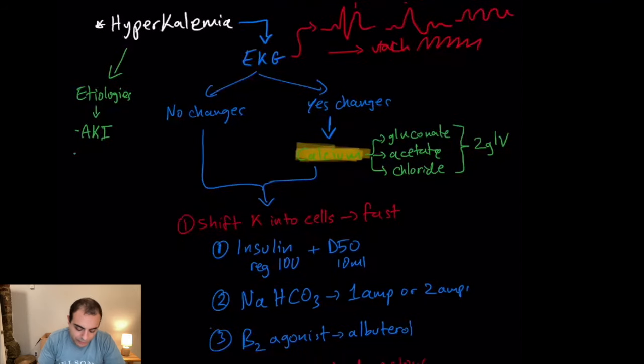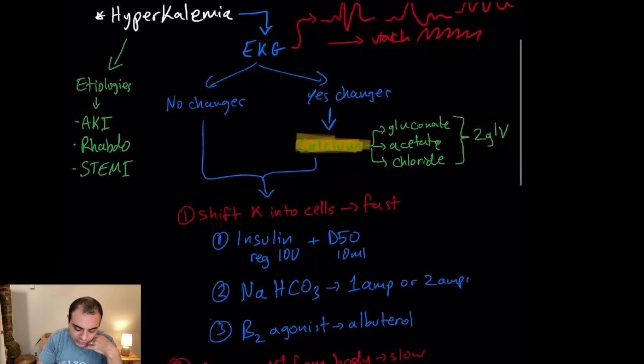Okay. Next is rhabdo, or really any cell lysis. So something like rhabdo, something like STEMI, especially a large STEMI, essentially all the potassium inside the cells is going out. And on the same kind of thought process, you've got something called tumor lysis. Right?